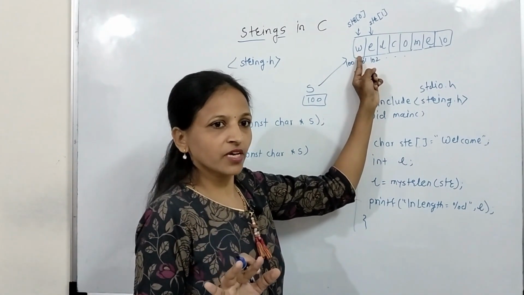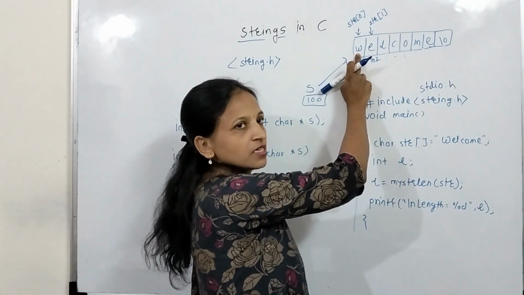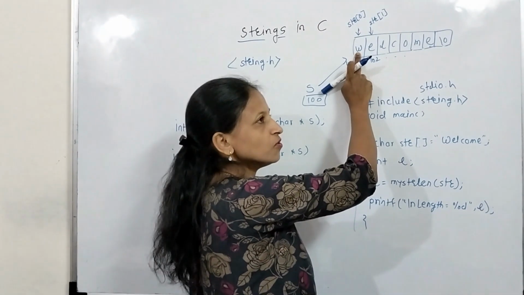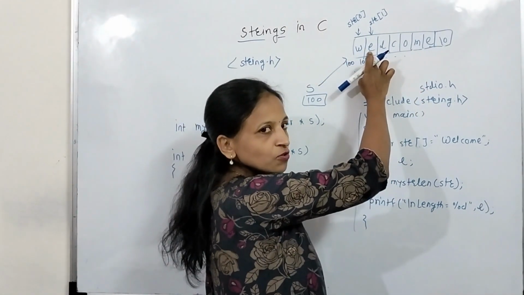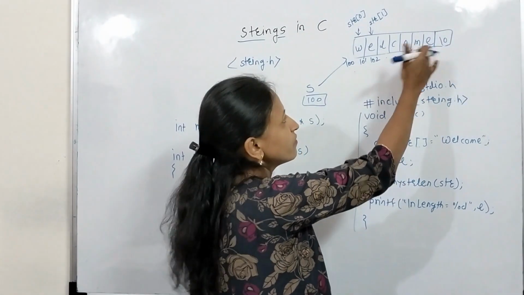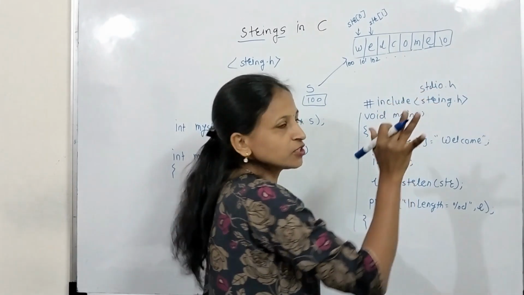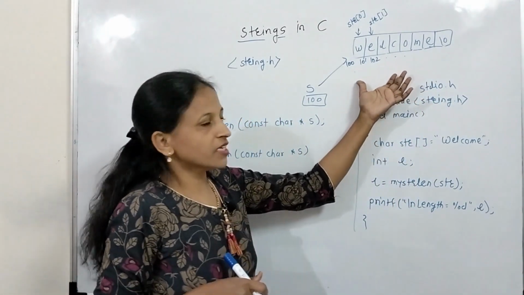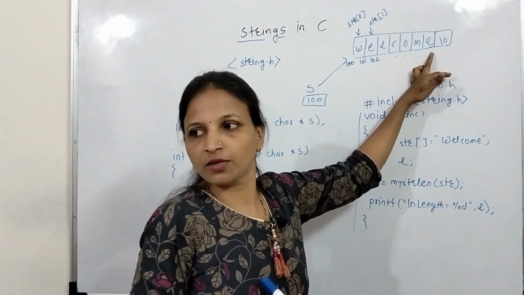How will we do it? We will check this first character. Is it \0? No. Then count++. Again, is it \0? No. Then again count++. In this way we will move forward, and whenever we get the \0 character, we will stop, and in that way we get the count, the number of characters, in that cnt variable.